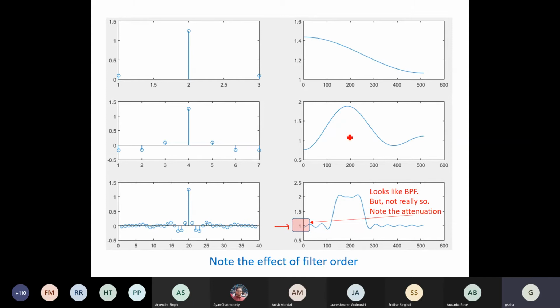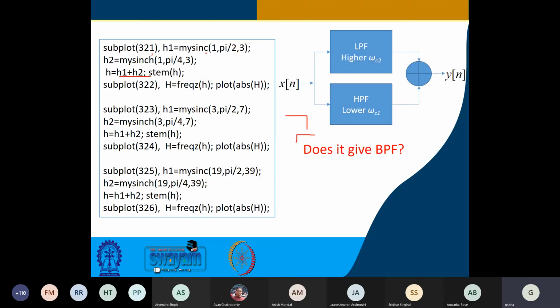And of course with higher filter order, things are improving. So these are small issues that when you debug or when you see things are not happening as per requirement, you have to see whether you have made some mistake regarding this.